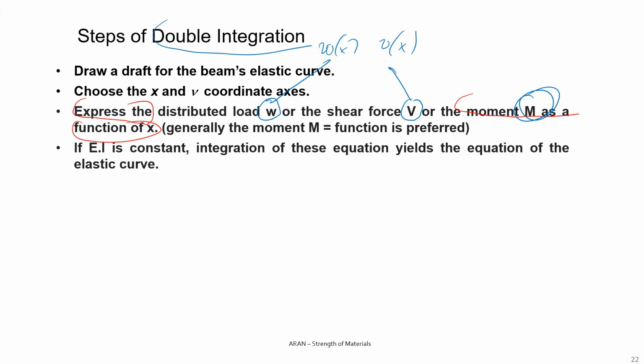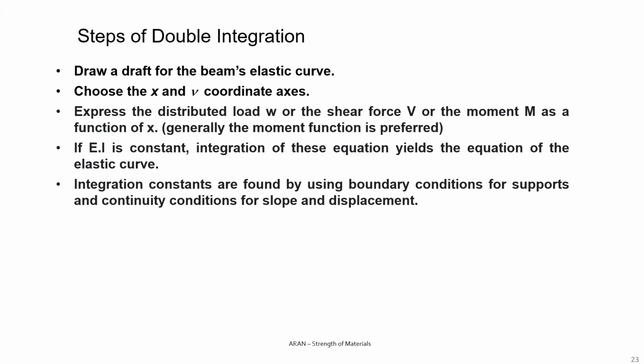Well, if E times I along the beam is constant, that means the material is the same and the section's moment of inertia is constant, so you can make the integration easily, and you have to calculate the integration constants by using the boundary conditions.